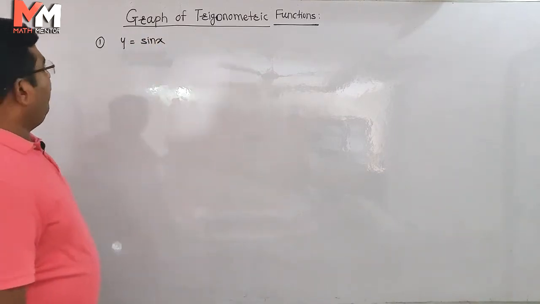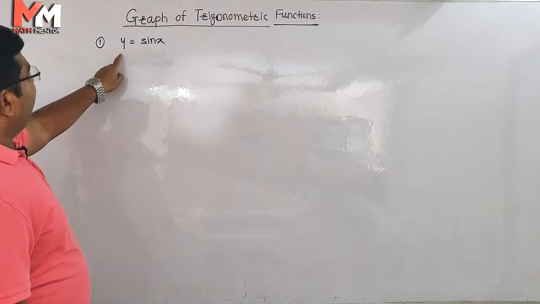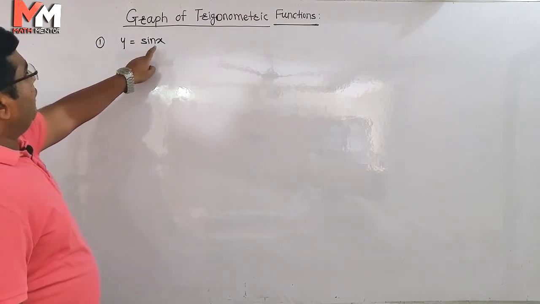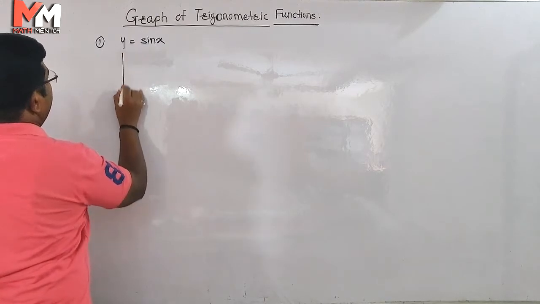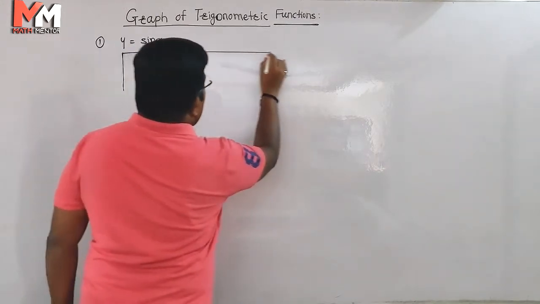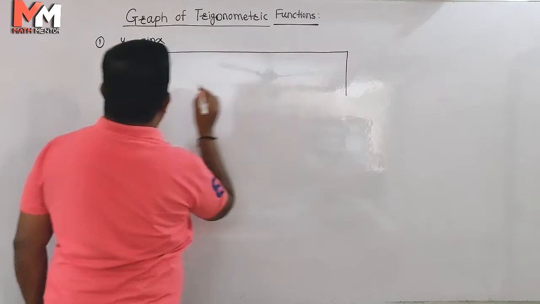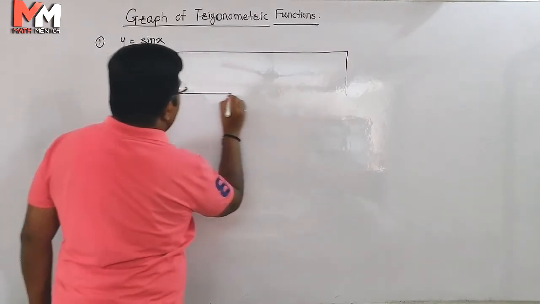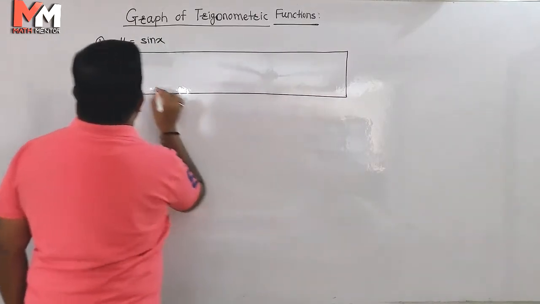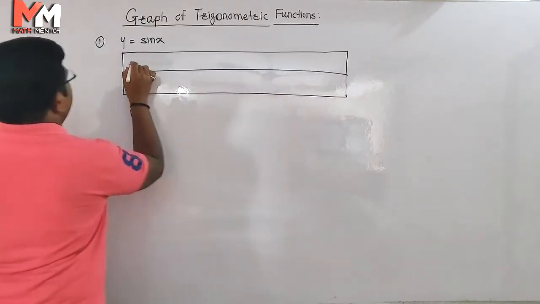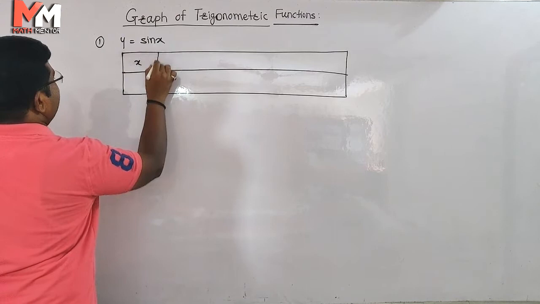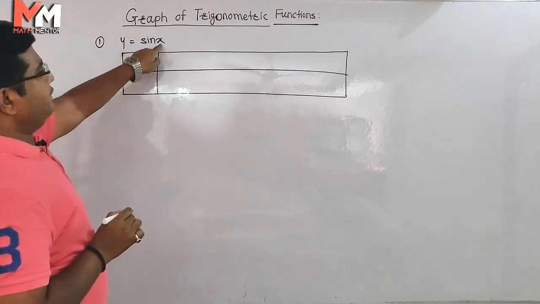Now we can find the different values of y by corresponding values of x by using the table. So this is the horizontal table. In the first row, x is always an angle, the angle measured in radian.